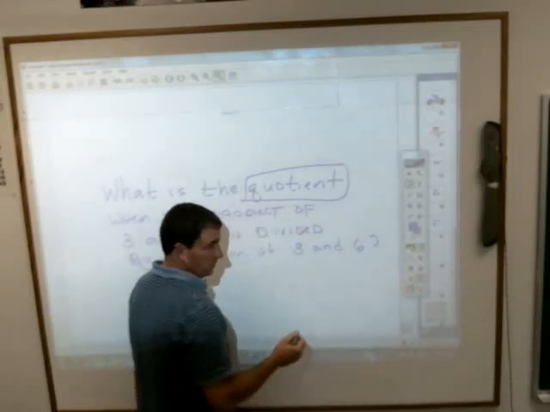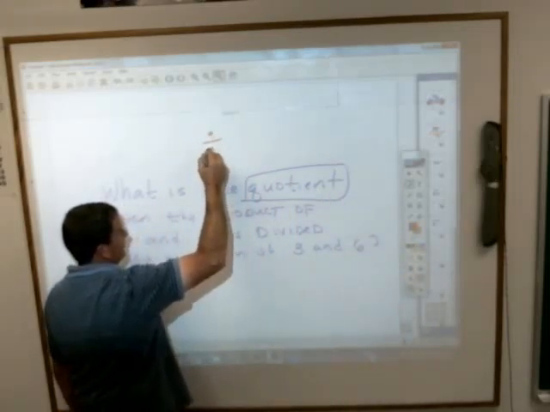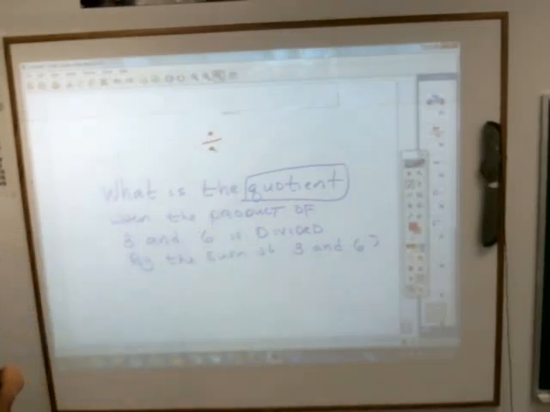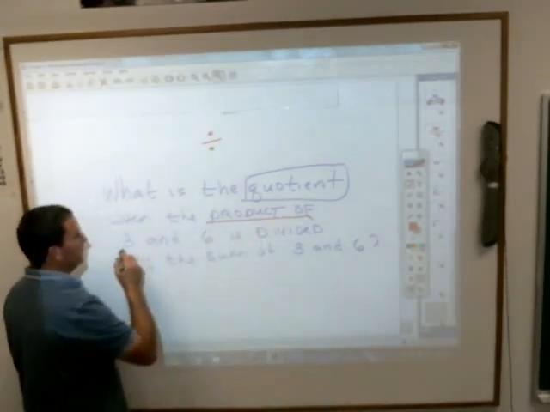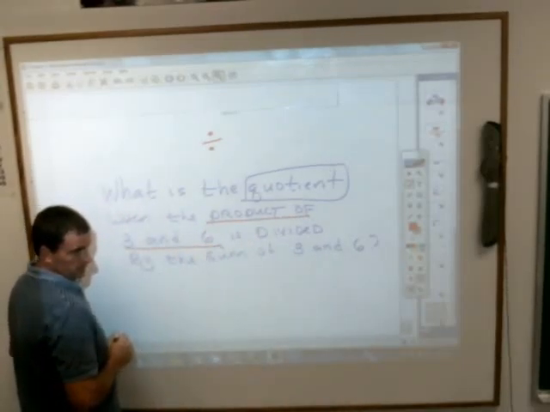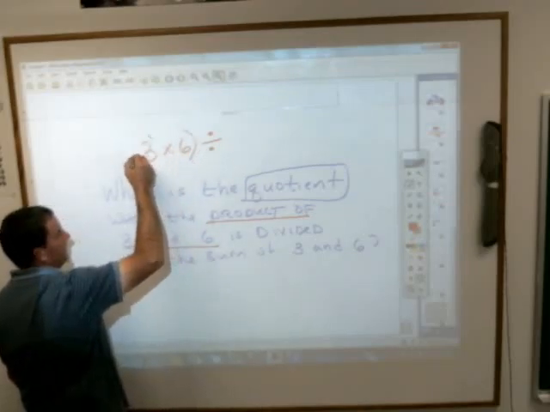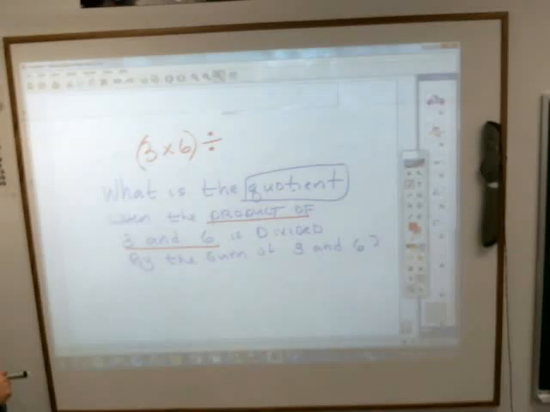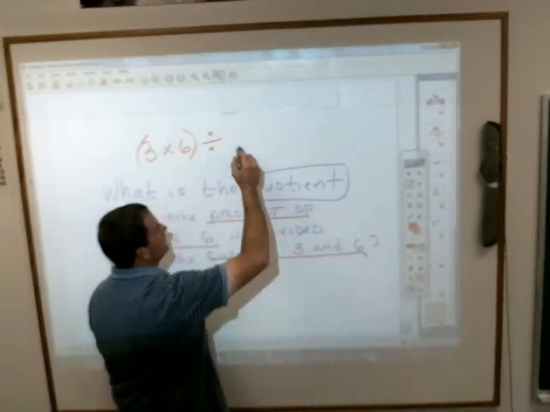So the first thing you should think is, there's division in here. What am I dividing? I am dividing the product of 3 and 6, and product means multiplying, by the sum of 3 and 6.